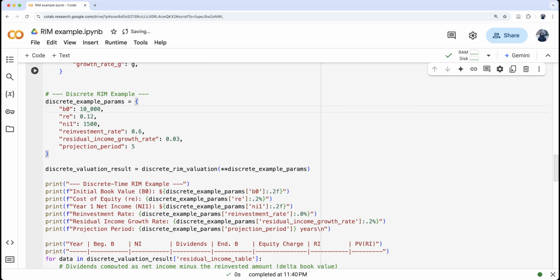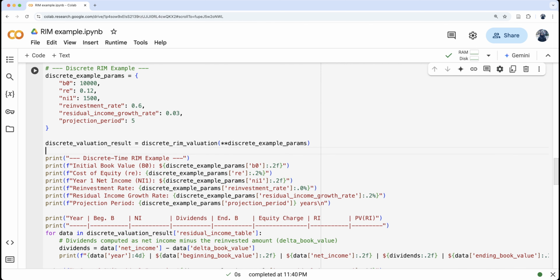So the discrete valuation result is: we call the function and put in the discrete example parameters. We plug these parameters in over here. Then we print those values.